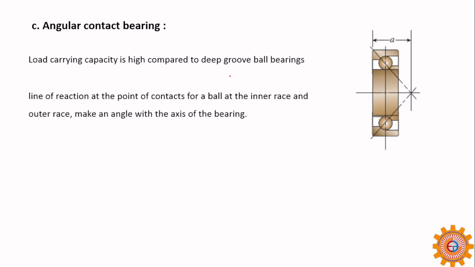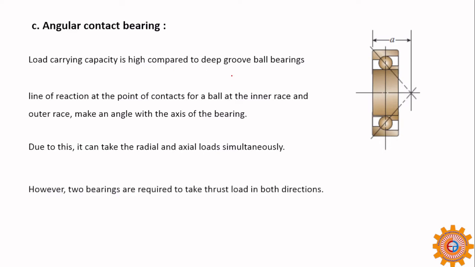But the line of action at the point of contact for the balls at the inner race and outer race makes an angle with the bearing. So this is generally a ball bearing only, but the contact is angular. That is why it is called an angular contact bearing. Due to this, it can take radial and axial loads simultaneously.